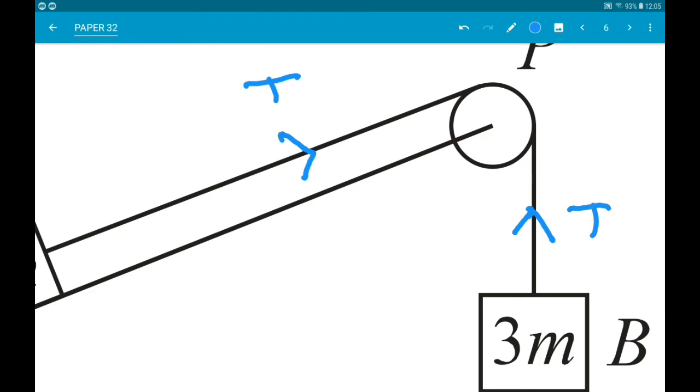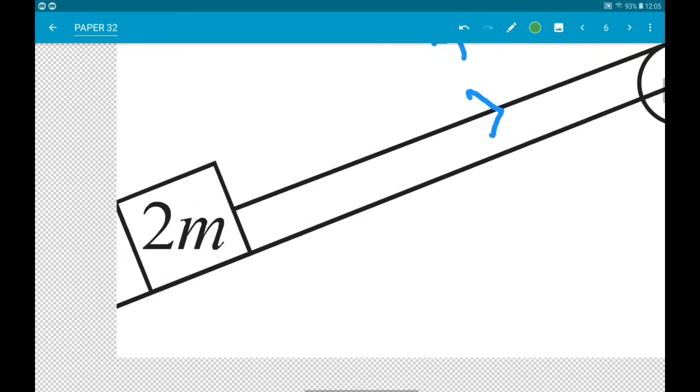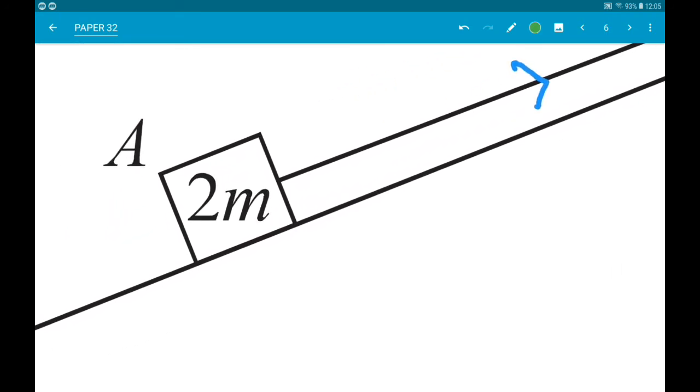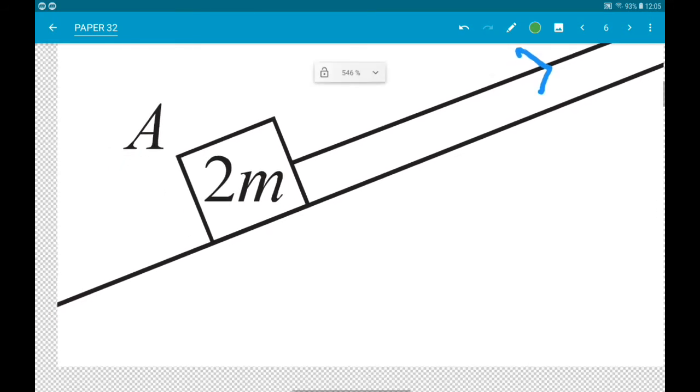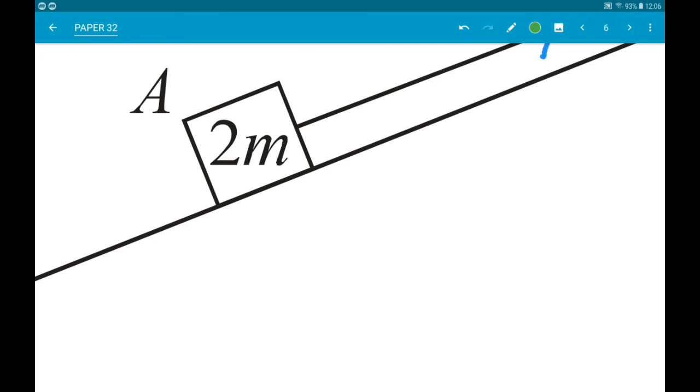Alright, now let's do A. So, A has a mass of 2m, which means it has a weight acting downwards of 2mg.